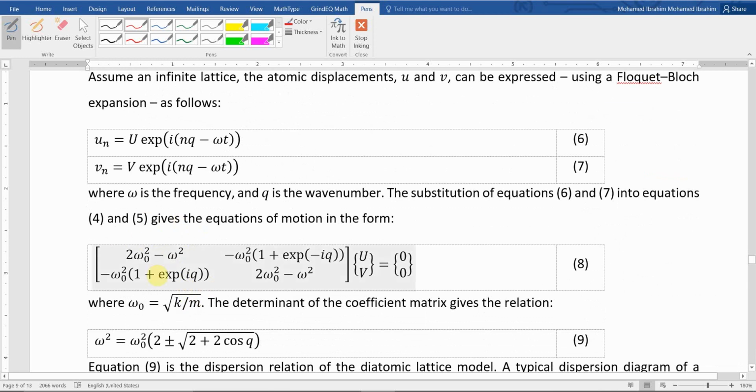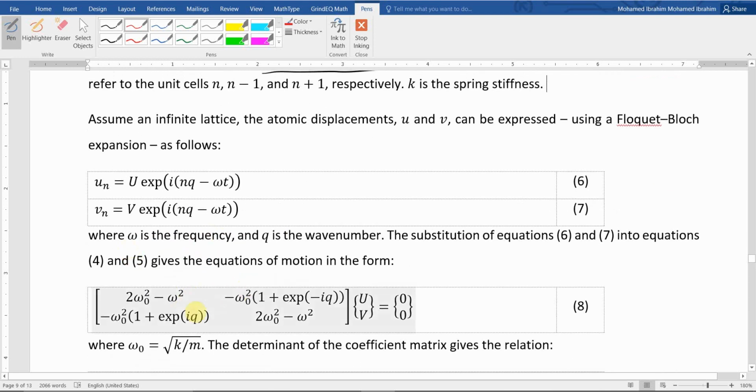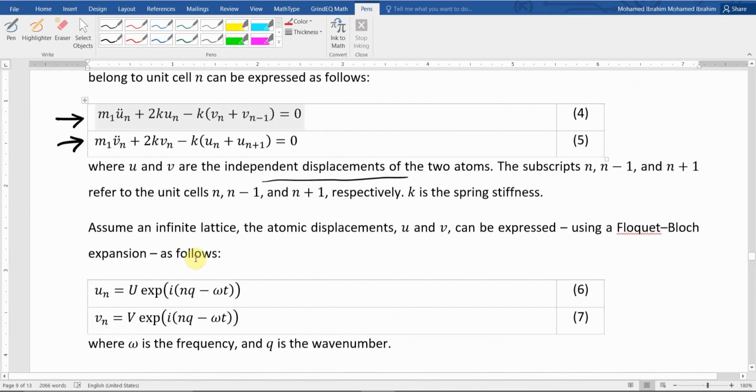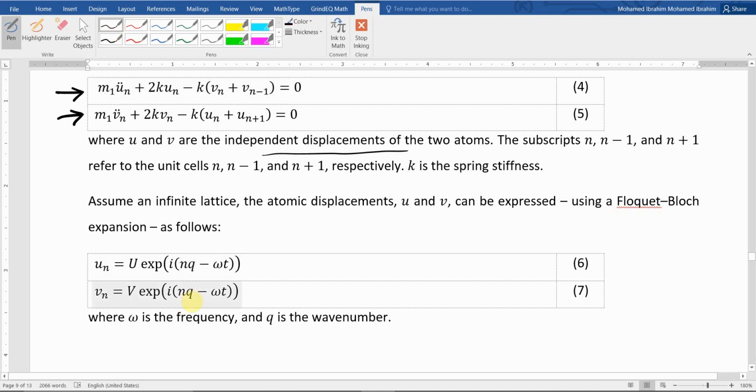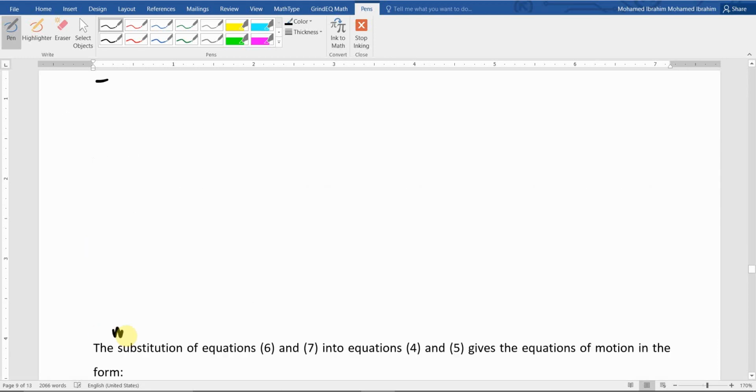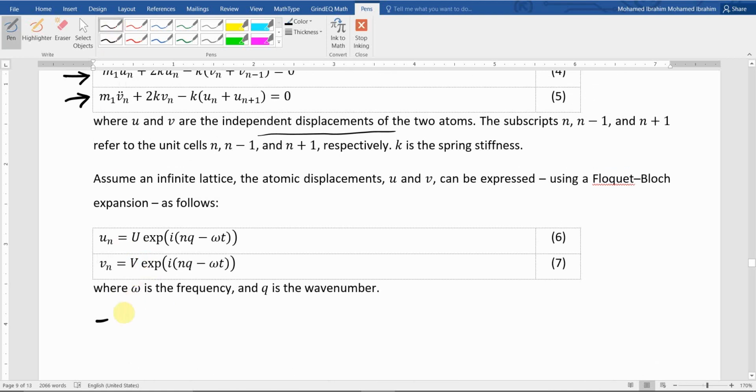Then what next? We are basically going to substitute. I am going to derive this expression and show you how we can obtain it, so we have to do some substitution here. We are going to plug this term into these two equations. If we do so, the first equation will be negative M1 omega square, because we are going to take the time derivative twice.